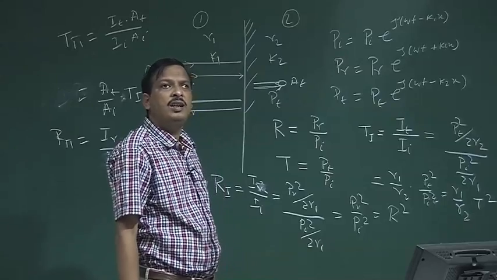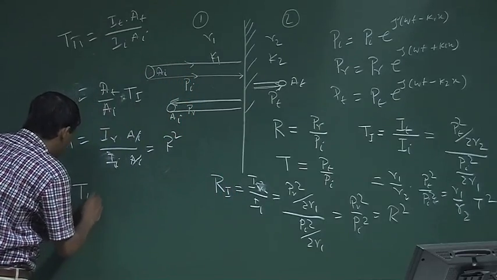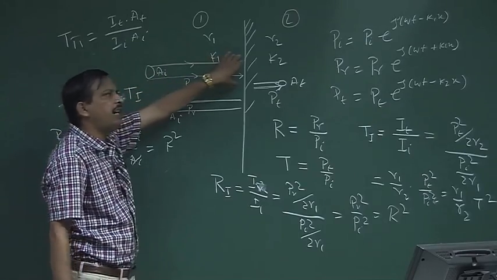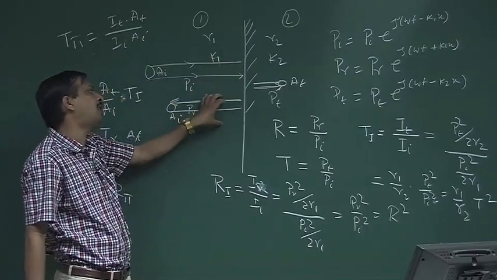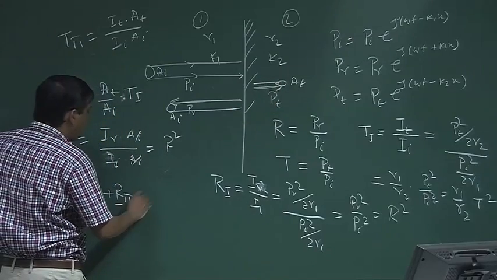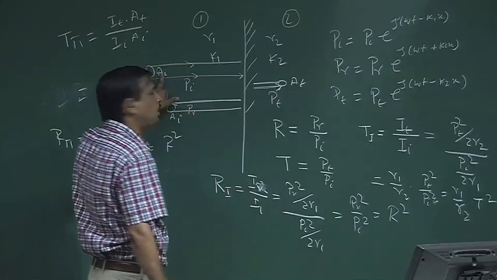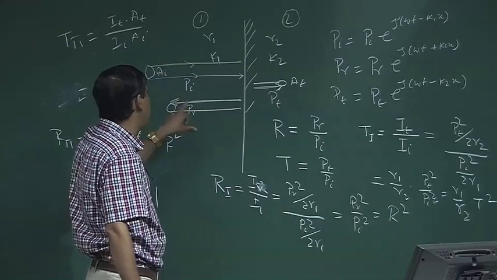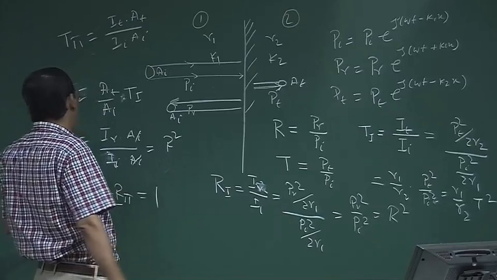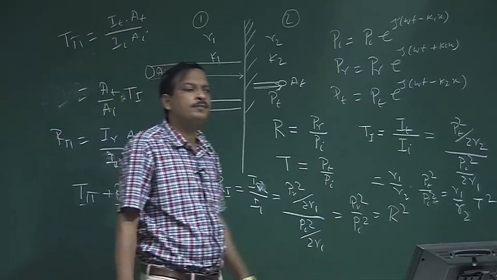If you see the total incident power, it is the reflected power plus the transmitted power. So the transmitted and reflected power coefficients must sum to 1. This power is this power plus this power.